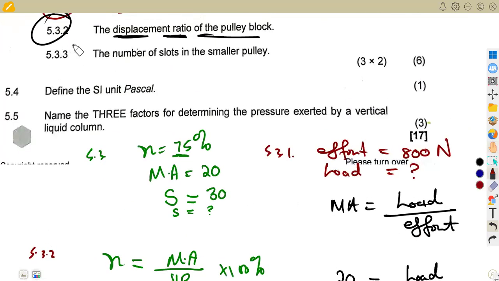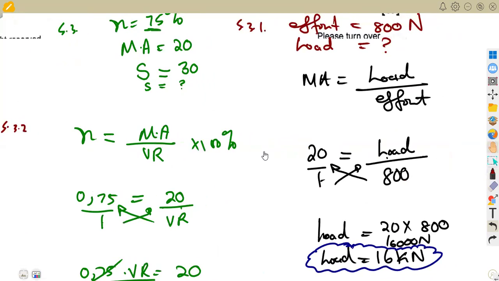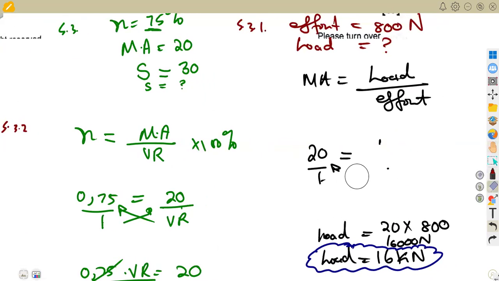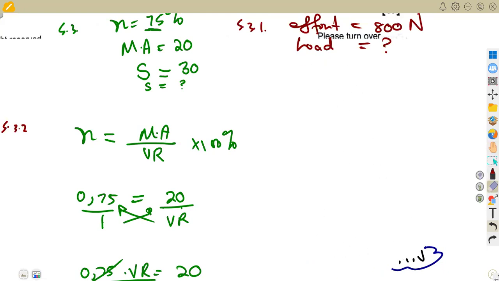It's fine. 5.33. The number of slots in the smaller pulley, this is the one that they're asking now. So you see that formula was not going to work because that one we are even asked to calculate here. All right. So remember for the number of slots, I talked about that formula for the velocity ratio, the same that we calculated the displacement ratio.